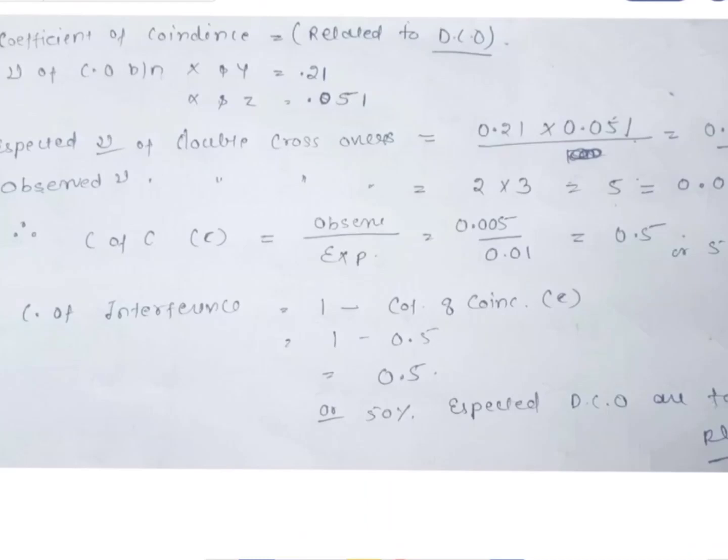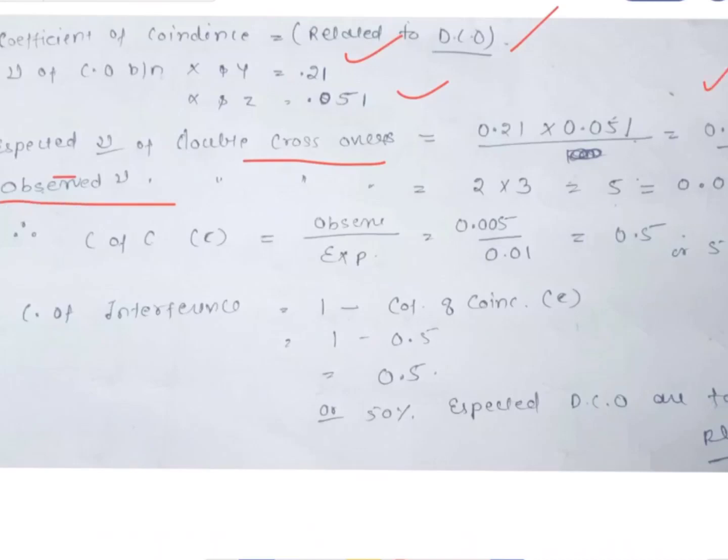Next is the coefficient of coincidence. It is related to the double crossovers. The frequencies of crossing over between X and Y and between X and Z are 0.21 and 0.051. The expected frequency of double crossover is the multiplication of these two frequencies, which is about 0.01.